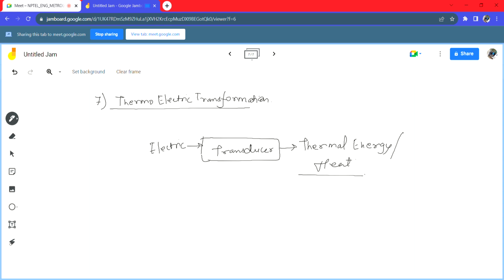So there is one thing very important that we can point out here: say there is a conversion where we have electric properties here, current or charges, and we are able to create, say, mechanical movement. So it is typically of the class of electromechanical energy conversion.